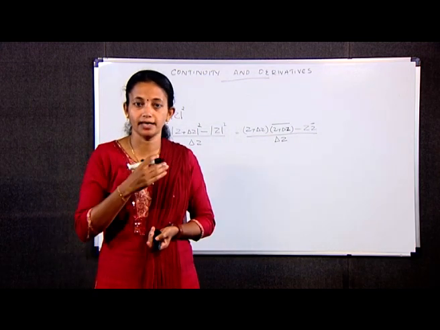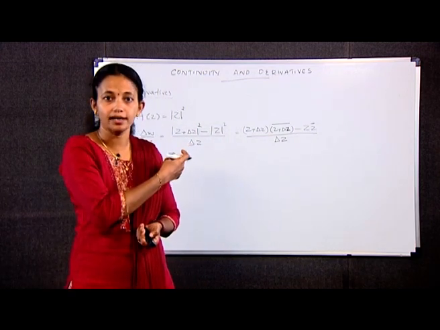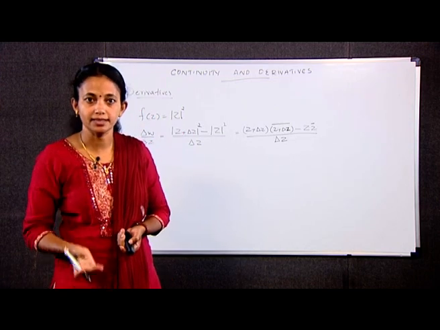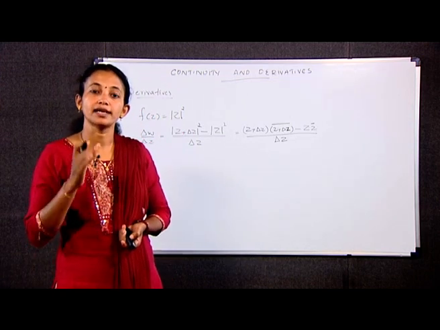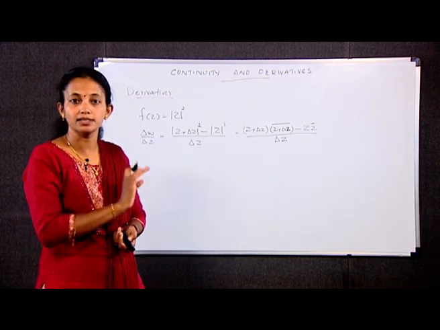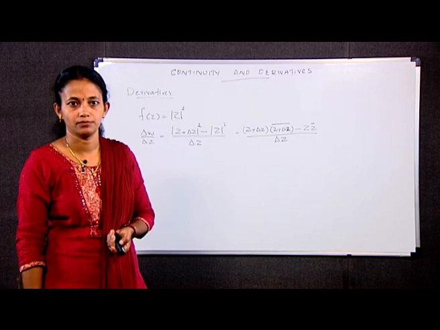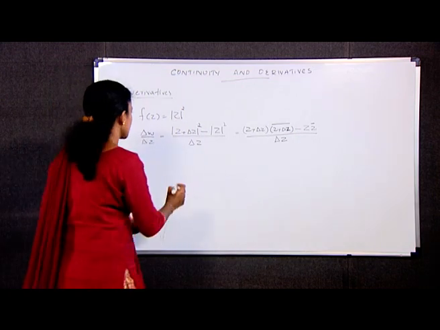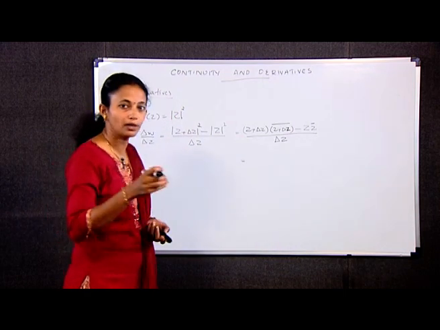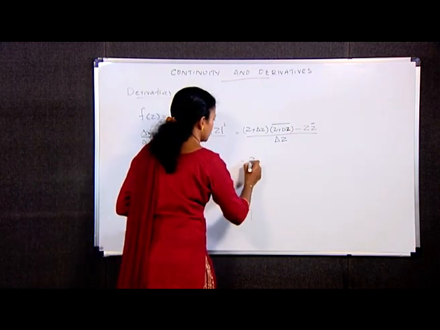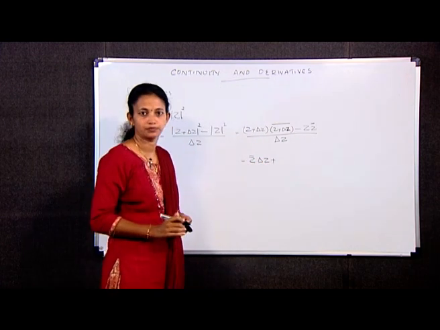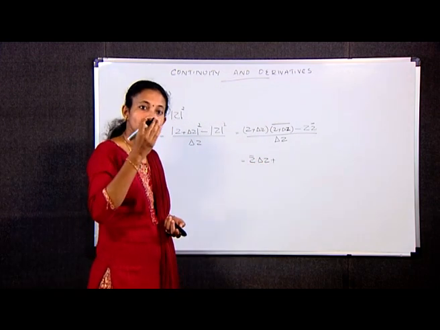Again by simplification we can write this as z into z bar plus z bar into delta z plus z into delta z bar plus delta z into delta z bar minus z z bar, divided by delta z, which on simplification is equal to z bar into delta z plus z into delta z bar.